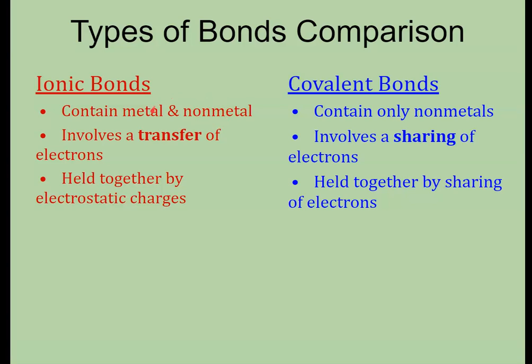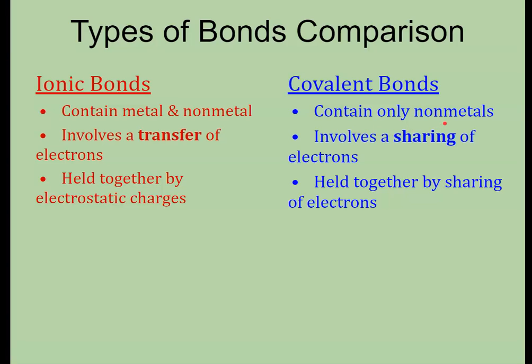That's the transfer of electrons from the metal to the nonmetal. That holds them together with the electrostatic charges. The metal is giving away negative electrons, so it's going to become a positively charged cation. The nonmetal is taking electrons, it's getting negative charges, so it's going to become a negatively charged anion. And it's the difference in charge that's going to hold those two elements together.